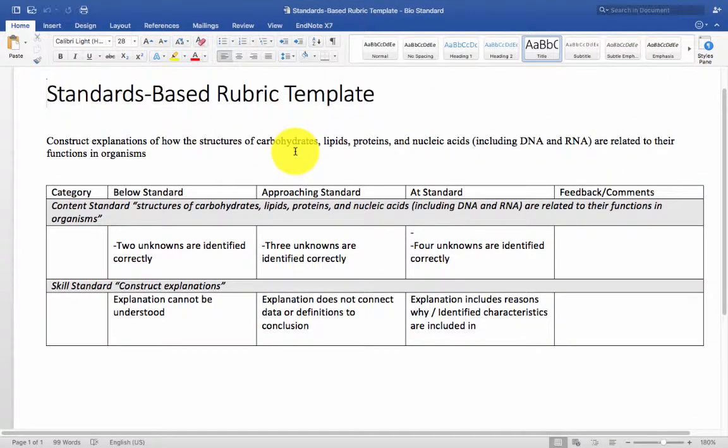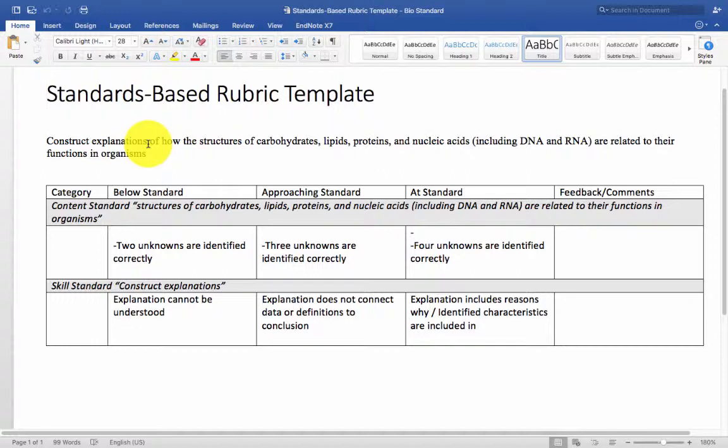Here's another example. This comes from Bio, I believe, where we took the standard of students construct explanations of how structures, carbohydrates, lipids, proteins, nucleic acids are related to their functions in organisms. So again, if you were to pause here and read that over, you'd probably decide that the constructing explanations is the skill.